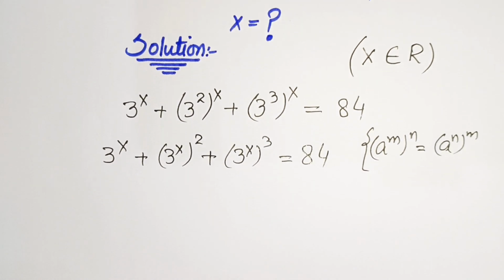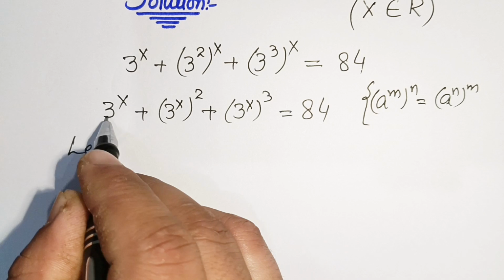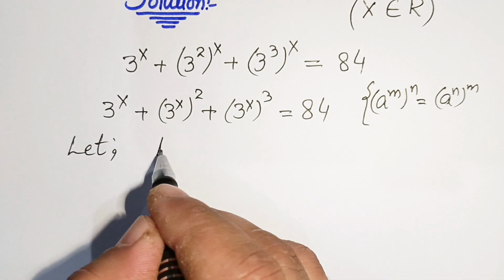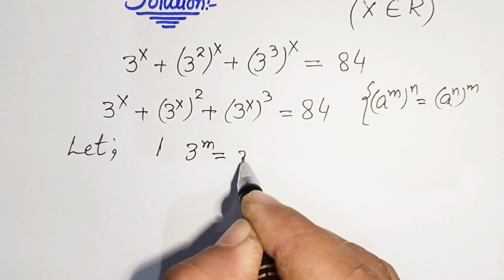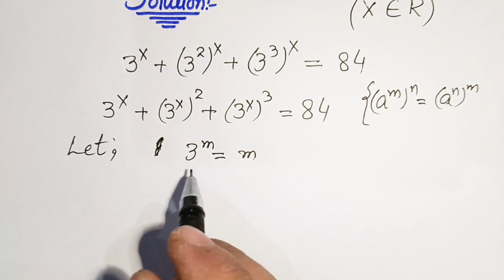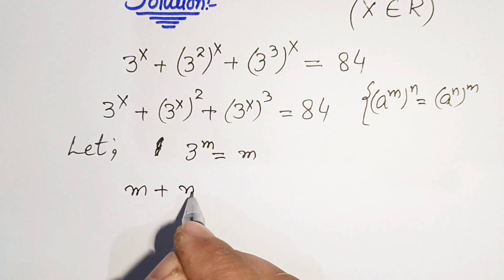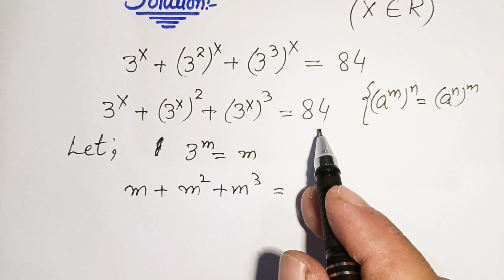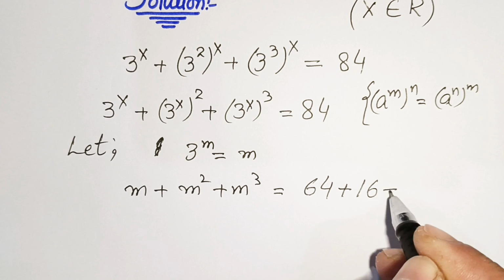Our next step: let us consider 3^x equal to m. Substituting this value, we get m plus m squared plus m cubed, and this 84 can also be written as 64 plus 16 plus 4.